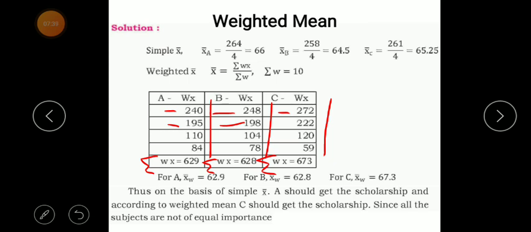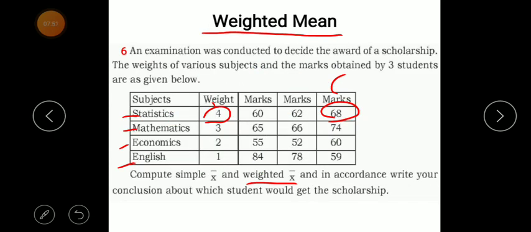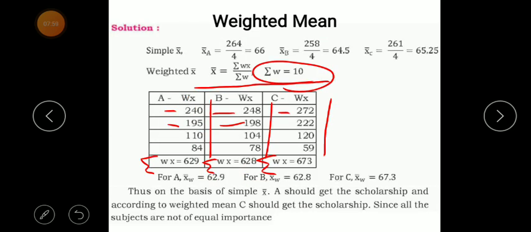So for a, now you have to find out this. Based upon this formula, we know that summation w is 10. Why is summation w 10? It is the sum of all w values: 4 plus 3 plus 2 plus 1, that is summation w. So summation w is 10.